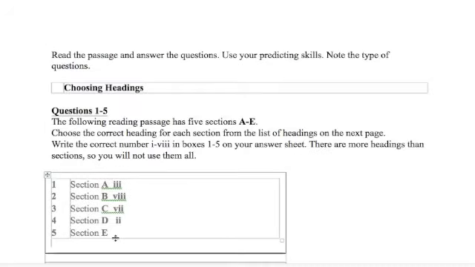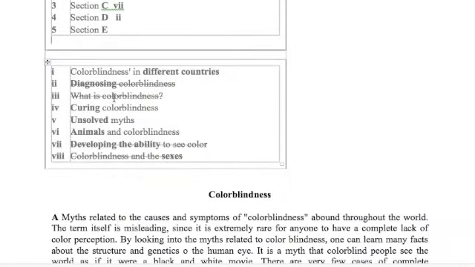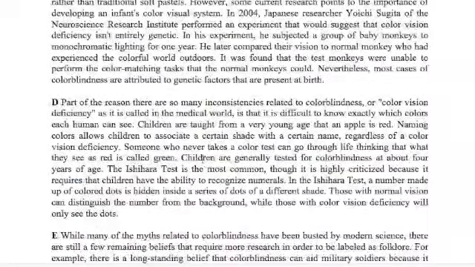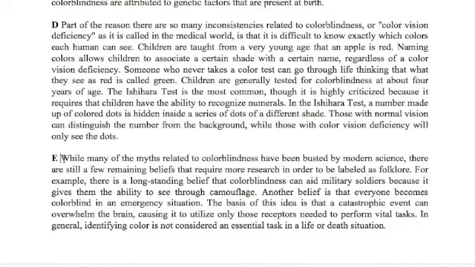Good. Section E, last one. There's only 4 choices left. We go to paragraph E. Okay. While many myths related to color blindness have been busted by modern science, there are still a few remaining beliefs that require more research in order to be labeled as folklore. Myths busted by modern science, right?